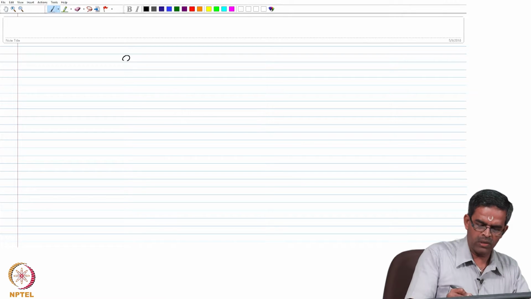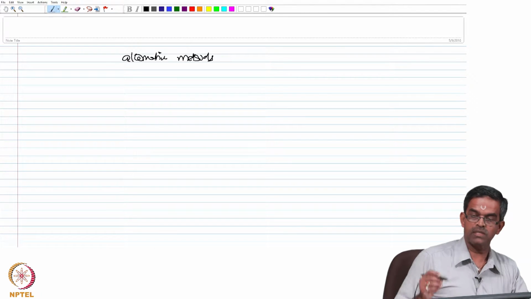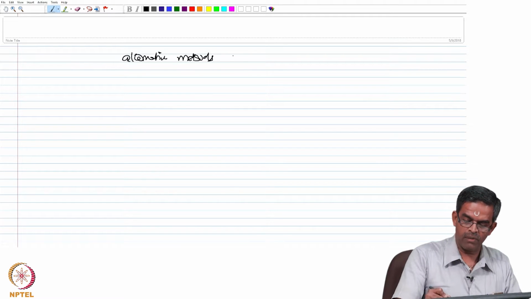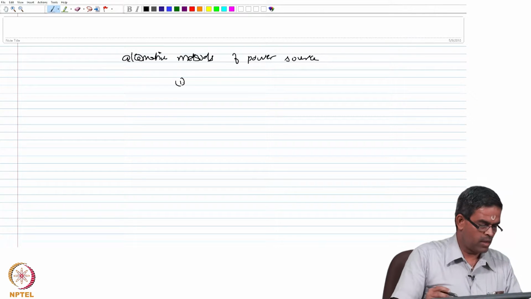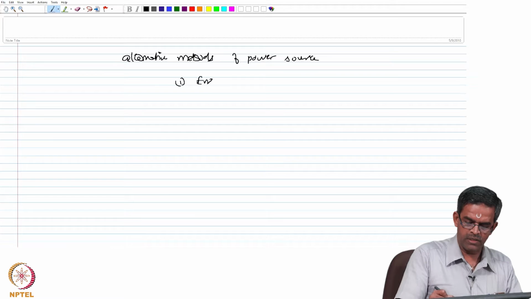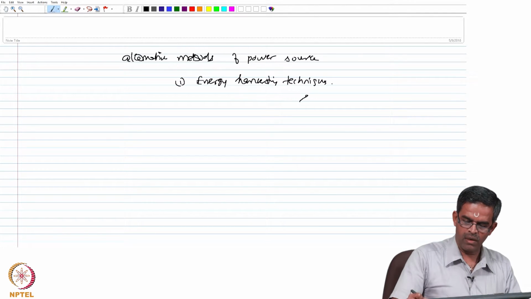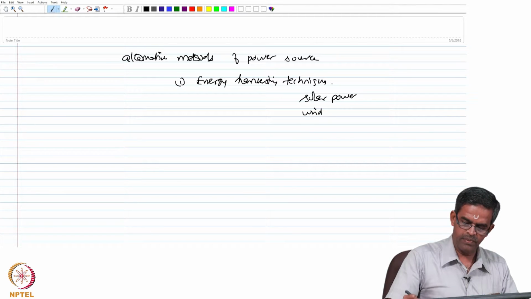One can also use alternative methods of power. We also mentioned this in the previous lecture. For completion's sake, let us look into the details of alternative methods of power. One can use energy harvesting techniques, like solar power, wind power, even wave energy for powering this SHM system.